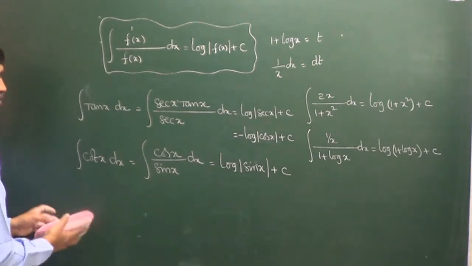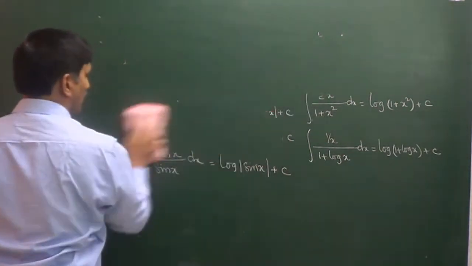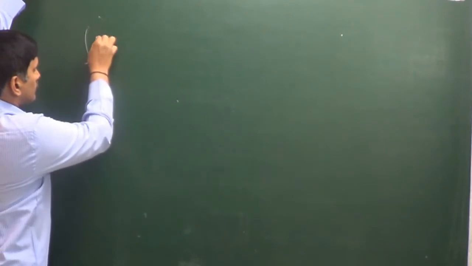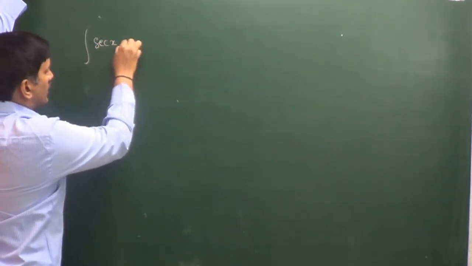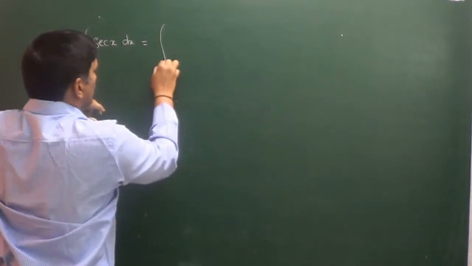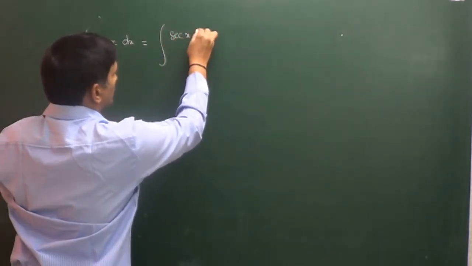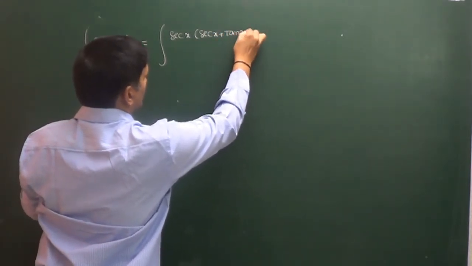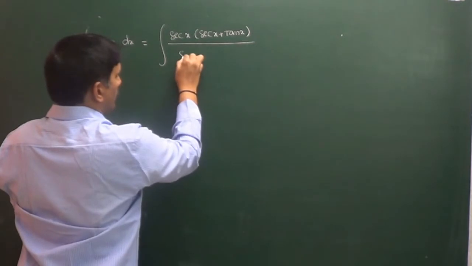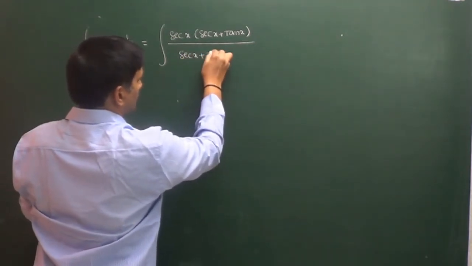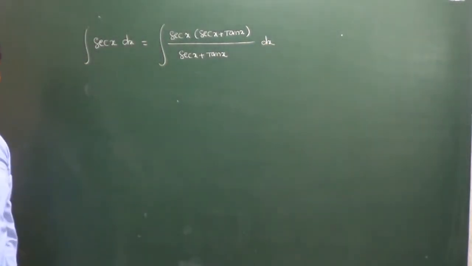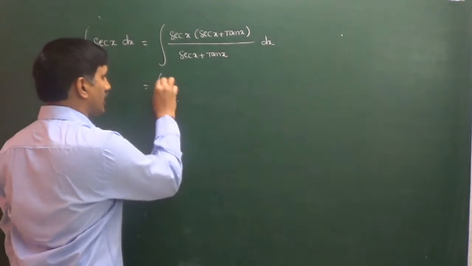But what about integration of secant x and integration of cosecant x? We are going to derive the formula for integration of secant x. Integration of secant x dx is equal to integration of secant x into secant x plus tan x, divided by secant x plus tan x, multiplied and divided by secant x plus tan x.